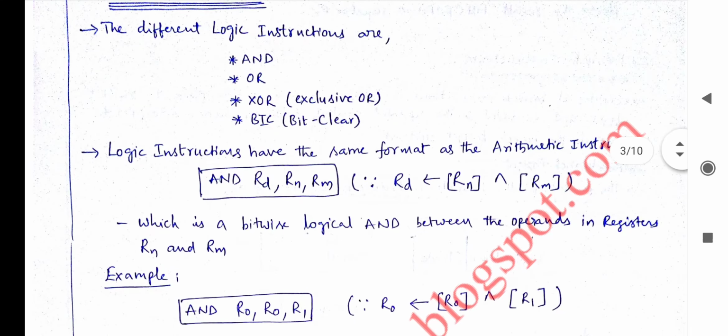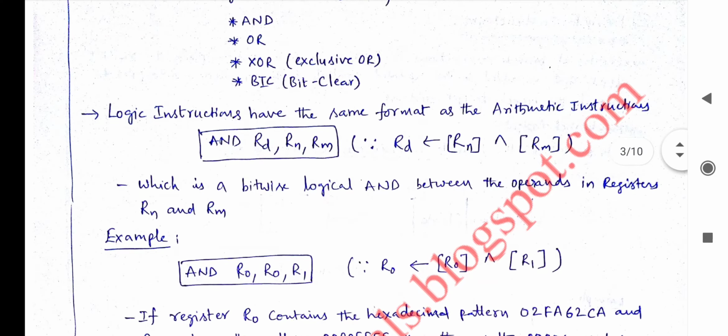First, the logical instructions have the same format as arithmetic instructions. First see AND Rd, Rn, Rm. Rd is the destination register, and Rn and Rm are two registers.